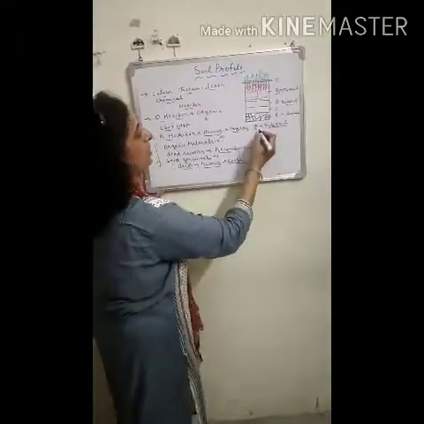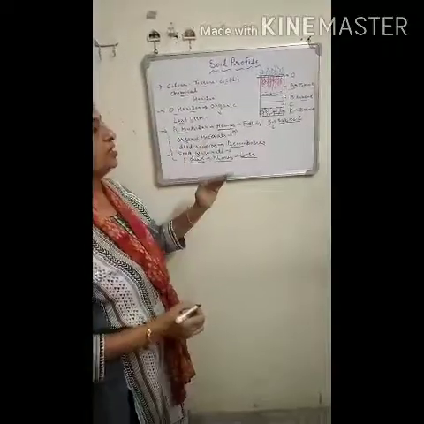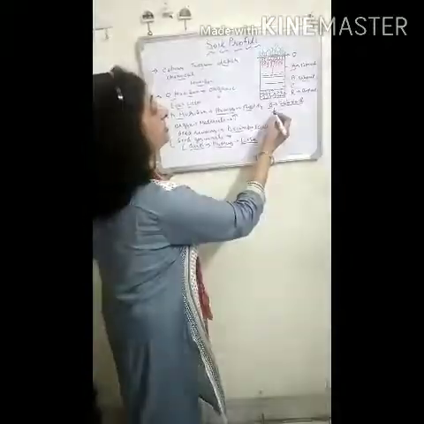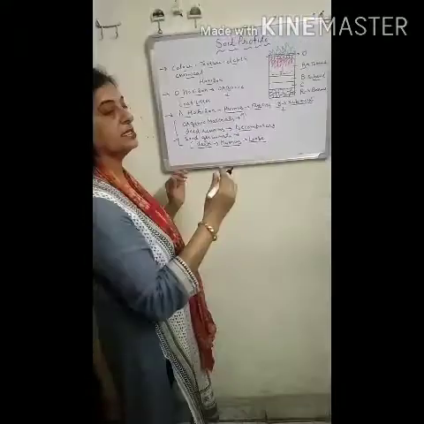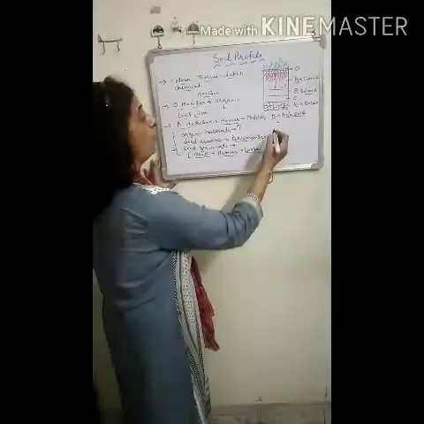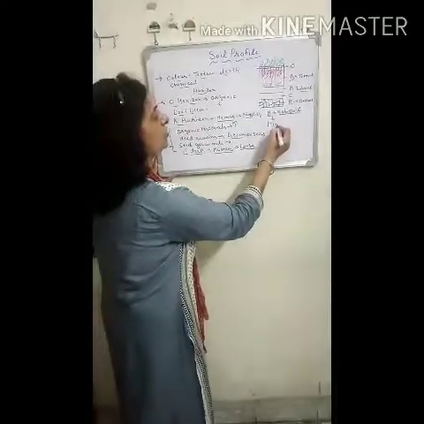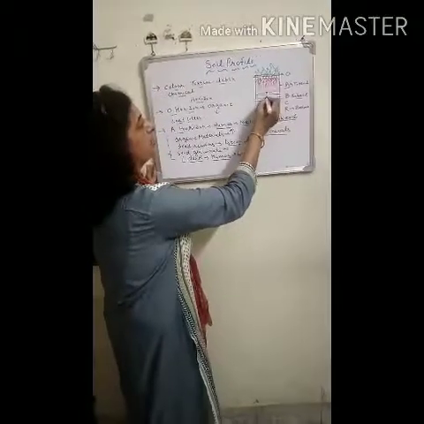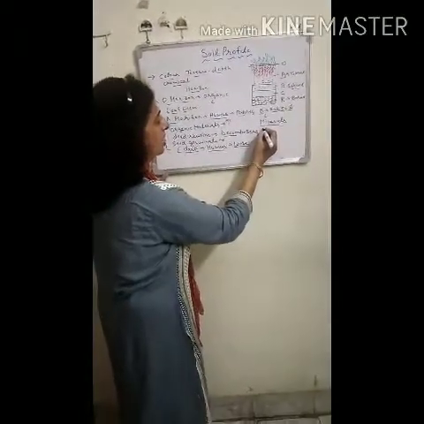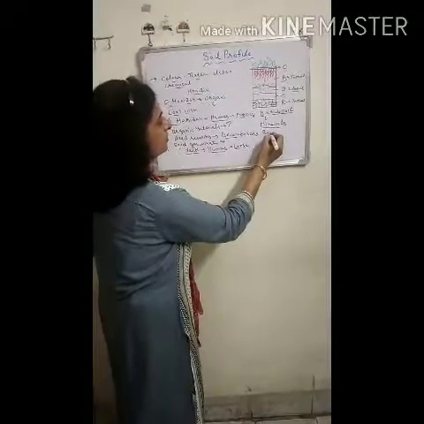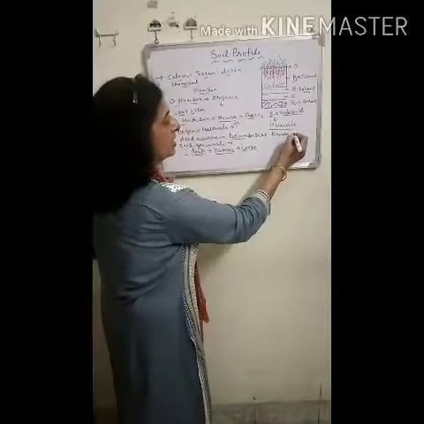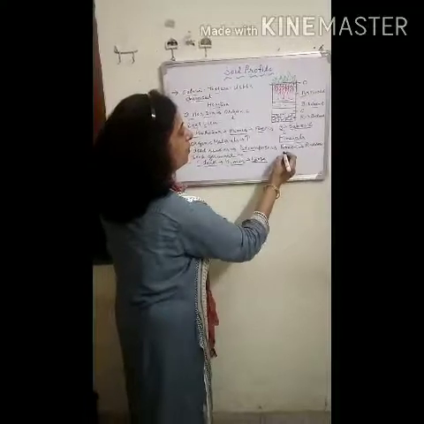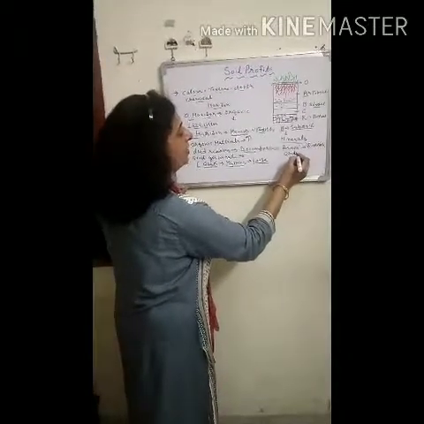So the subsoil, the B layer or B horizon, is found below the A horizon, and it is a rich source of minerals. That's why its color is slightly brown or reddish, due to the presence of oxides of iron.